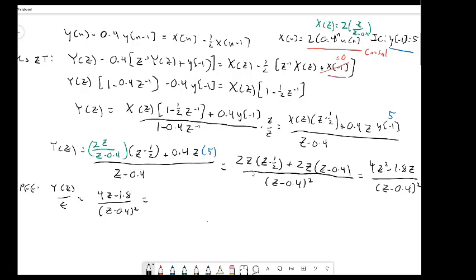That's a second order repeated root, repeated pole, so we're going to need an A0 term with that whole thing, and we're going to have a first order term with it to the first power.